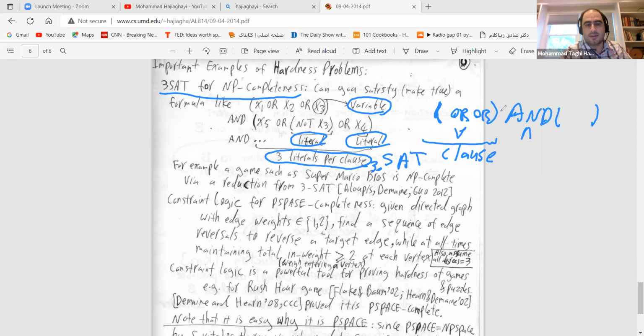But then 3-SAT was introduced, and we showed that 3-SAT is as hard as SAT. So there is a reduction from SAT to 3-SAT.